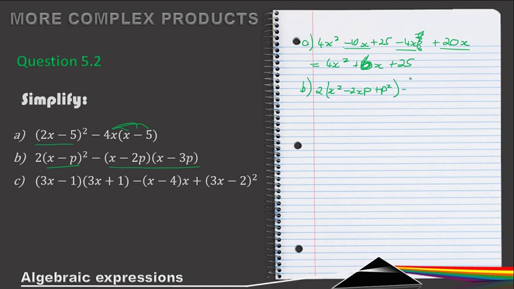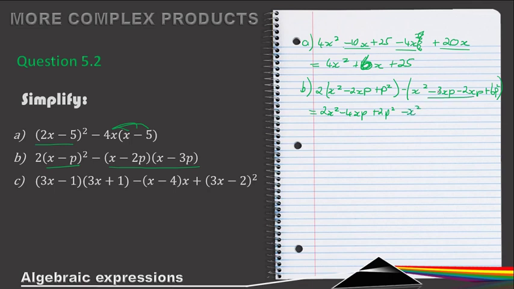So then minus x squared minus 3xp minus 2xp plus 6p squared. Okay, then multiplying out, we have 2x squared minus 4xp plus 2p squared with a negative minus x squared.